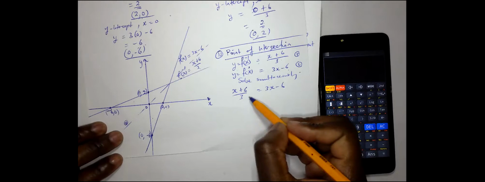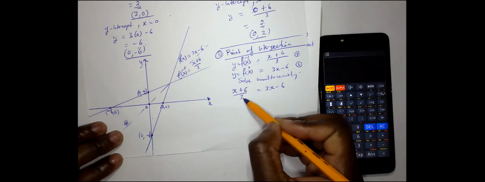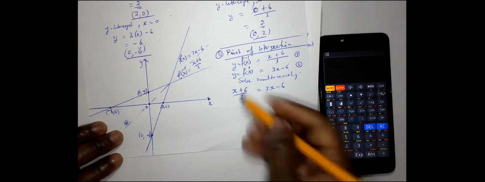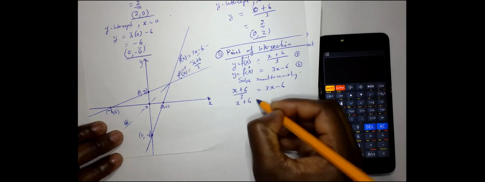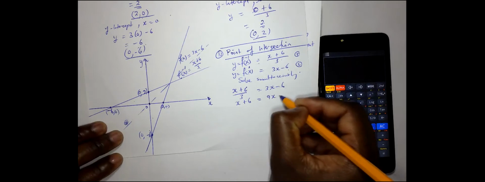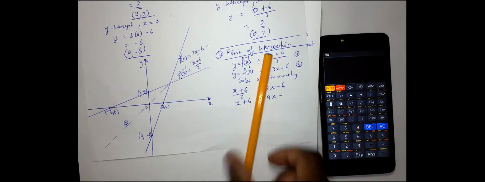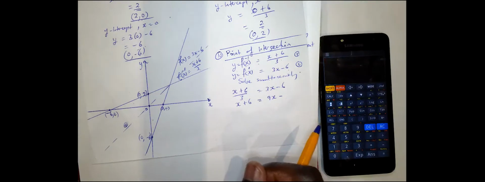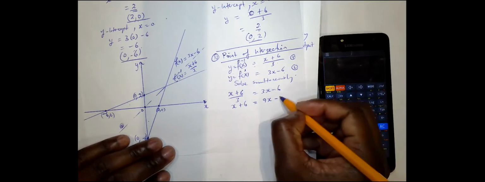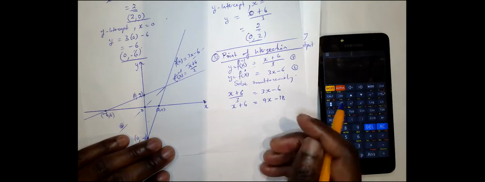Now, what do you get there? You take 3 that side, it's going to be x plus 6 is equal to 9x minus, okay, so 3 times 6, negative 18.